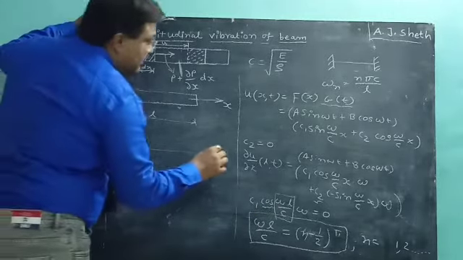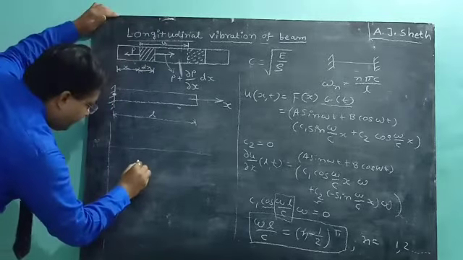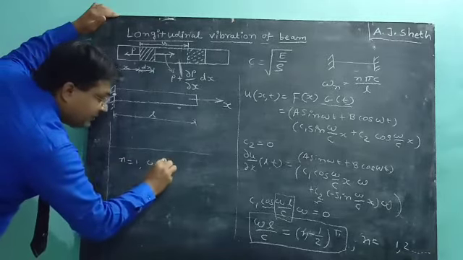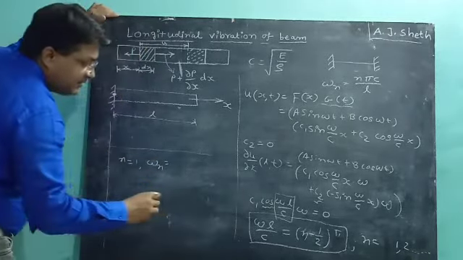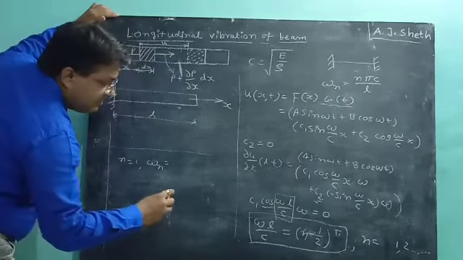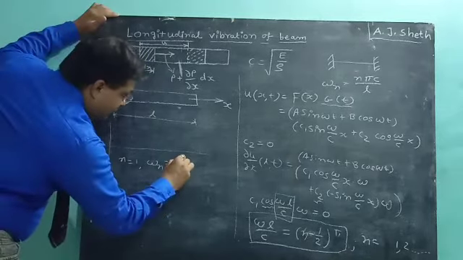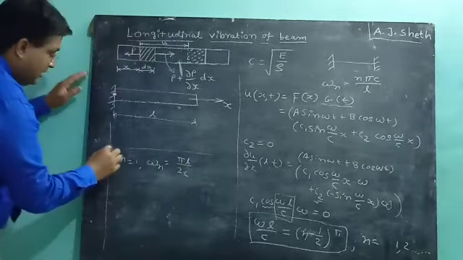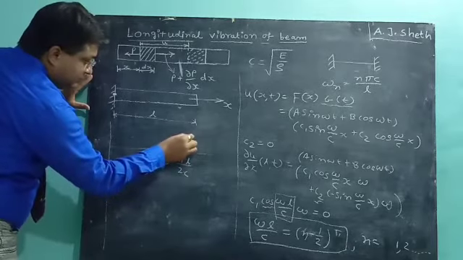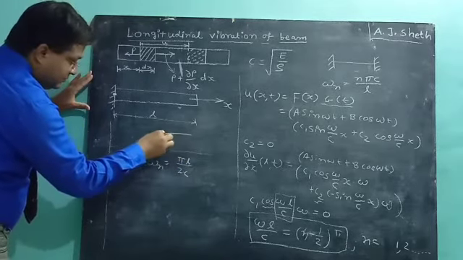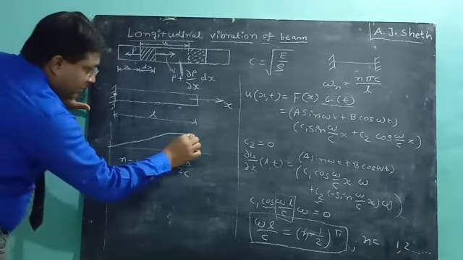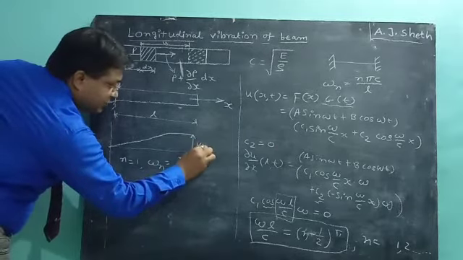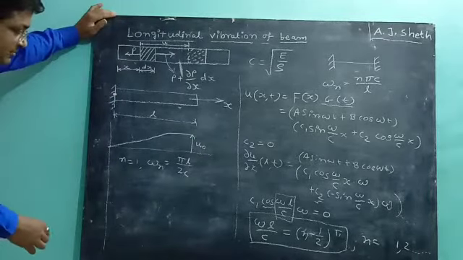The natural frequency is pi by 2 c by L. And this is the mode shape, and this is the initial displacement u0. So this is the first mode shape.